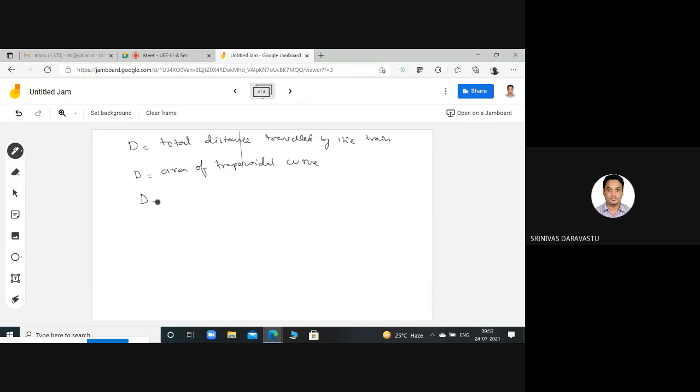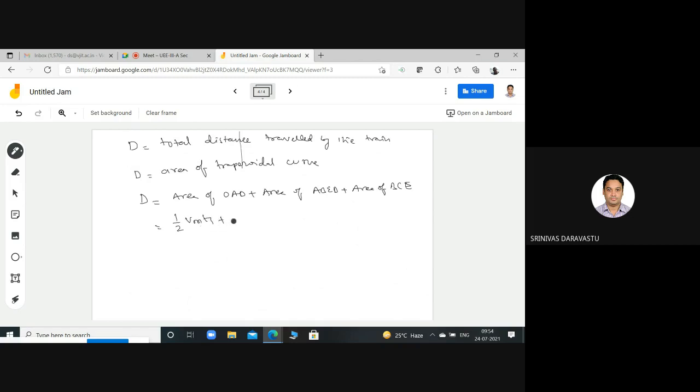So D equals the area of triangle OAD plus area of ABED plus area of BCE. Now how to find the triangle area? Half into length into breadth, that is half into Vm into T1 here.